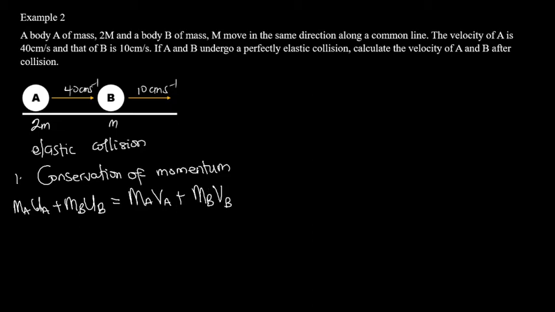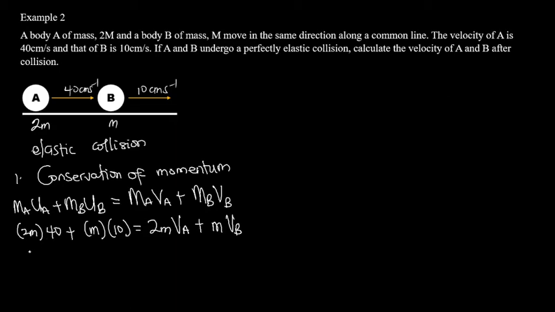So we know the mass of A, which is 2m over here. So I have 2m, the velocity is 40, plus the mass of B is just m, the velocity over here is 10, is equal to the mass of A, which is 2m, the velocity of A is VA, we don't know, plus the mass of B is m, the velocity VB, we don't know.